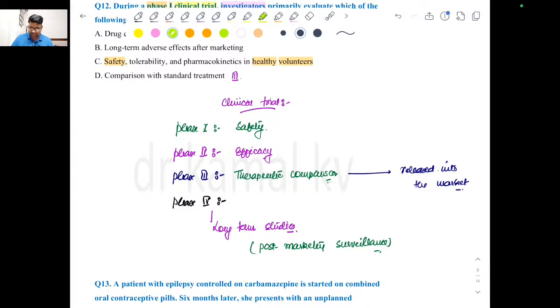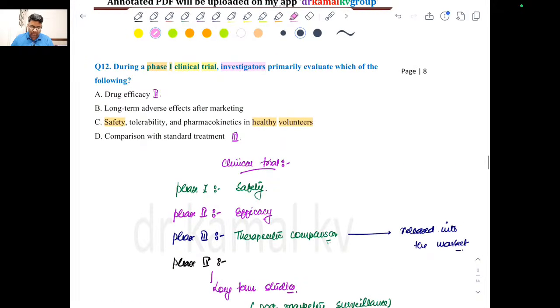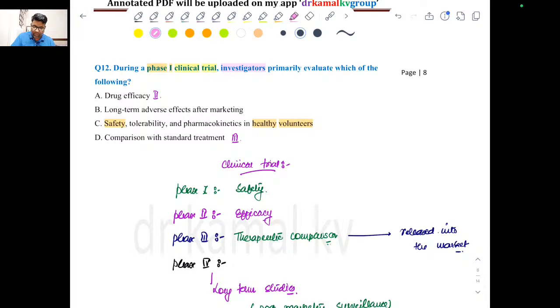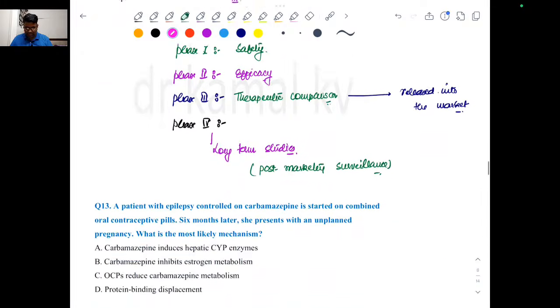So long-term studies, right? So these are the 4 phases of clinical trials which you should know, because this is one very favorite question for exam setters. So here phase 1 is about the safety of the healthy volunteers. That's the phase 1. Okay. So this is phase 4 here. So this is how you should remember clinical trials.